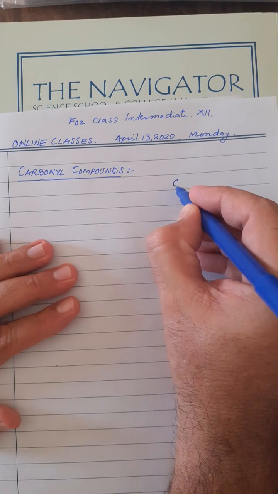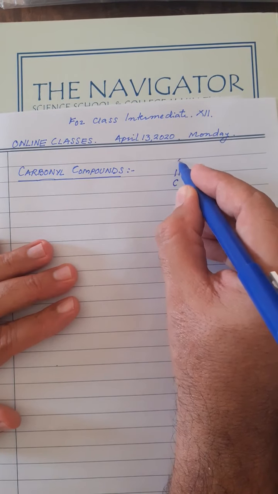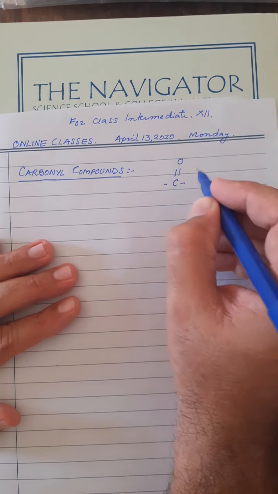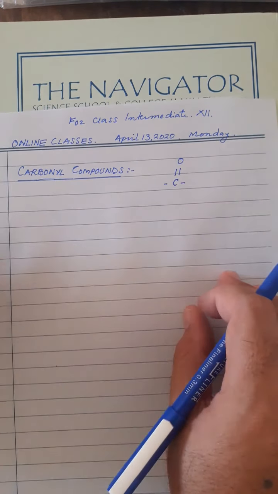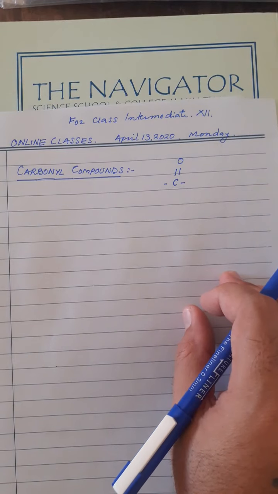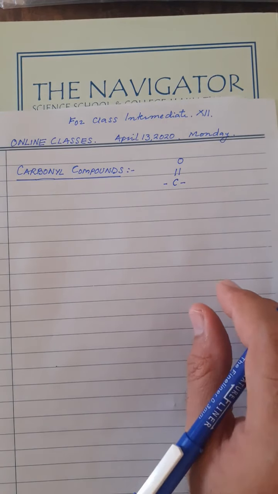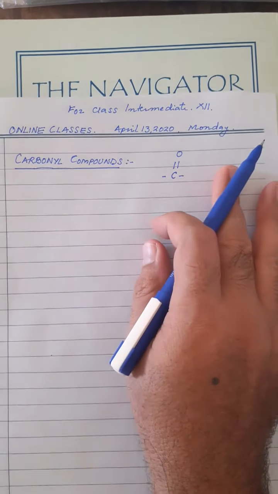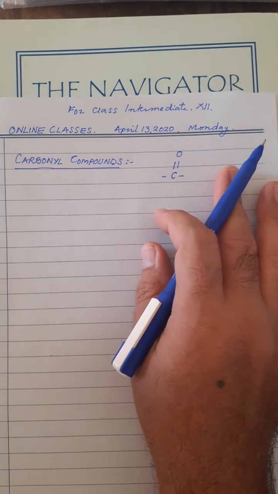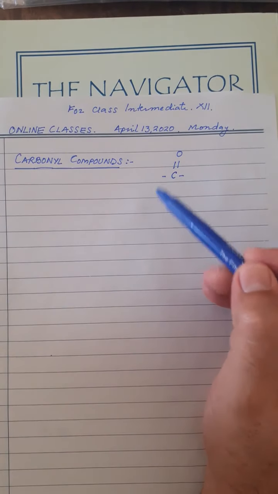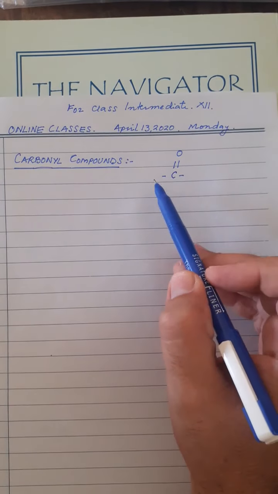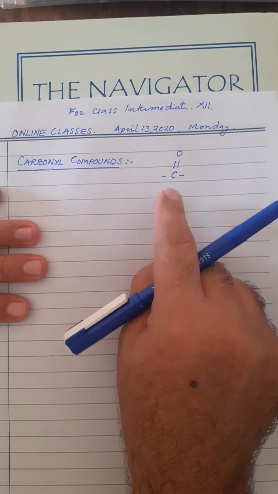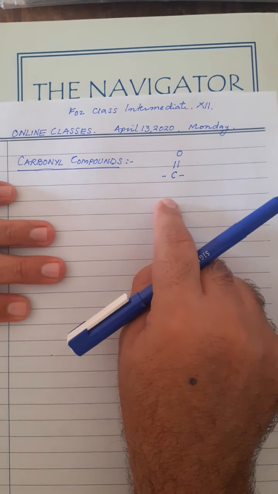See, when carbon is bonded to oxygen with a double bond, with 2 valencies open for further bonding, then such a group is called a carbonyl group. I mean to say, when carbon is bonded to oxygen with a double bond and the remaining 2 valencies are still open for further bonding, then this group is called carbonyl.